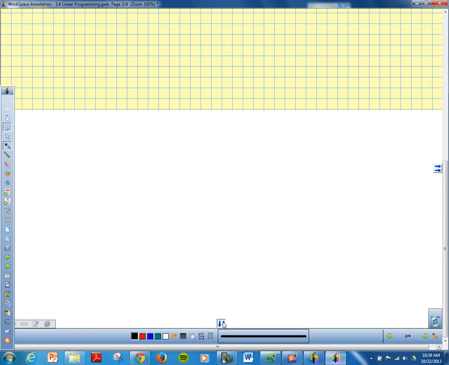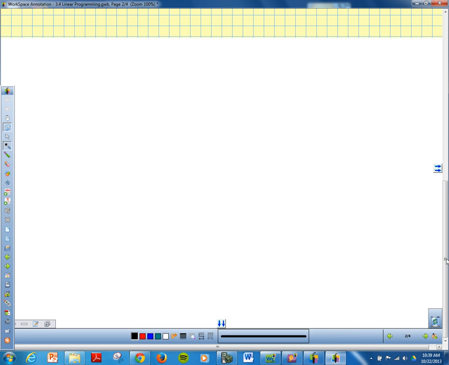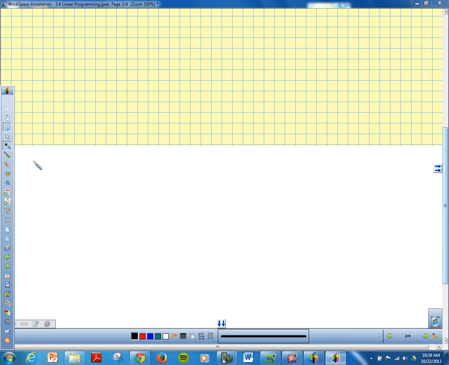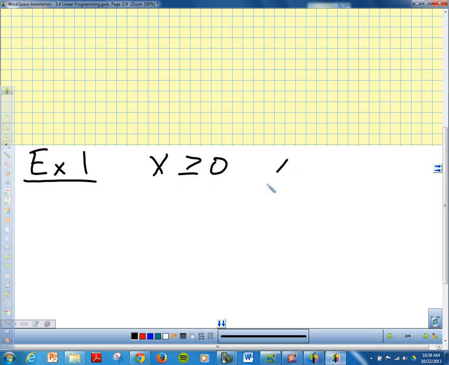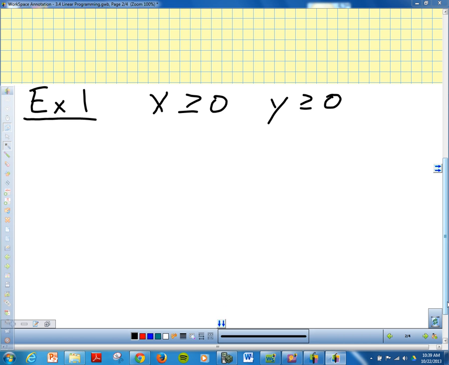is going to look like this. So we're always going to have x is greater than or equal to 0, y is greater than or equal to 0. And then we're going to do these 2 equations, x plus 2y is less than or equal to 5.